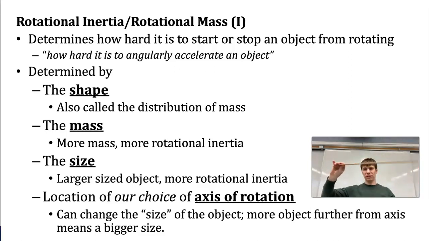But if I do it this way, put the axis of rotation down here, the mass is really far away. I didn't change the meter stick at all. I just changed the axis of rotation. But primarily, the rotational inertia of an object is determined by the physical properties of that object, but also where we choose to put our axis of rotation.